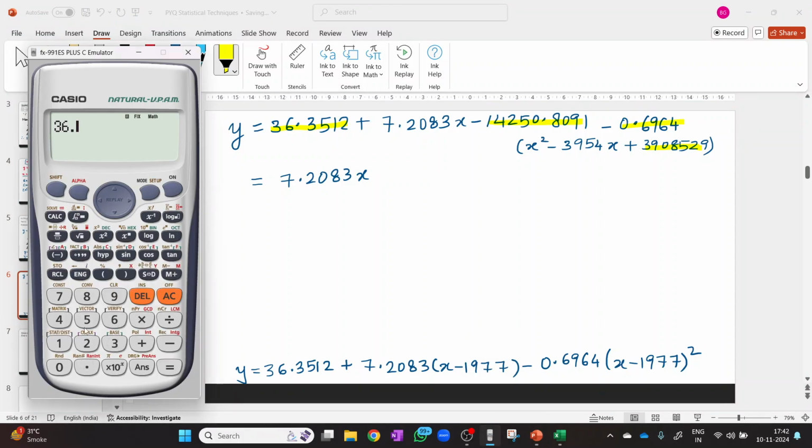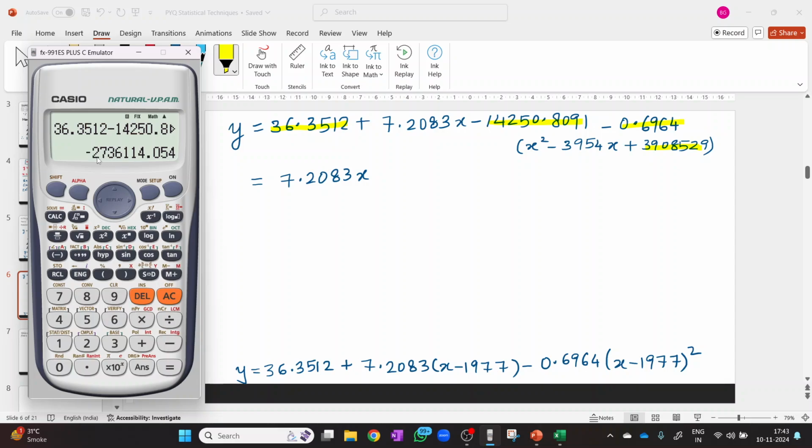We have 36.3512 minus 14,250.8091 minus 0.6964 into 1977 square bracket.